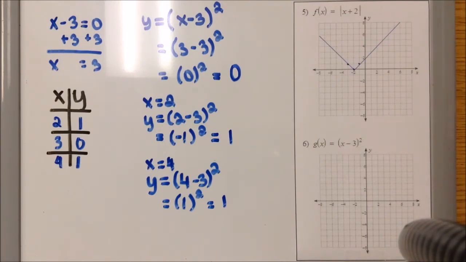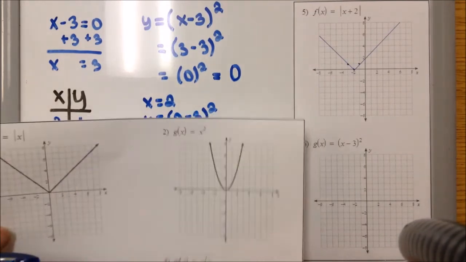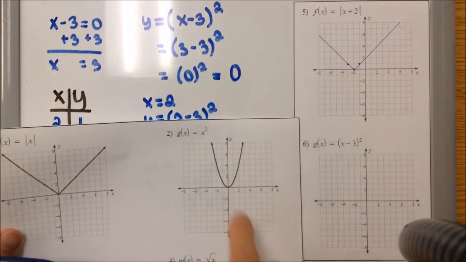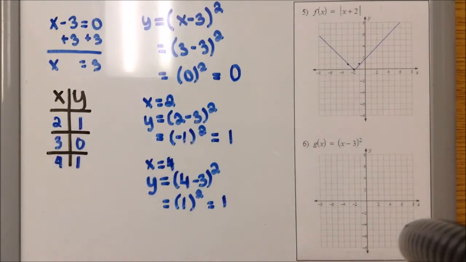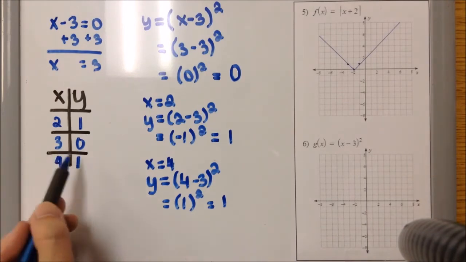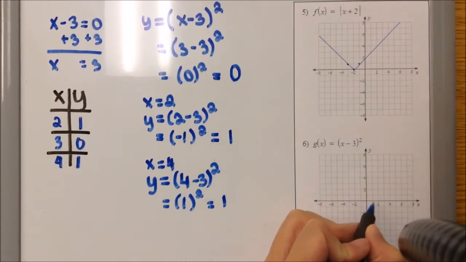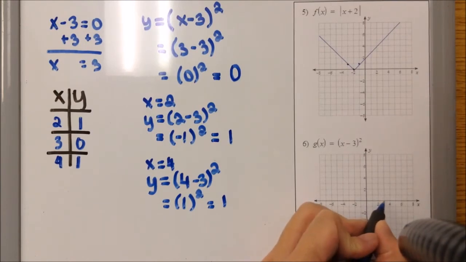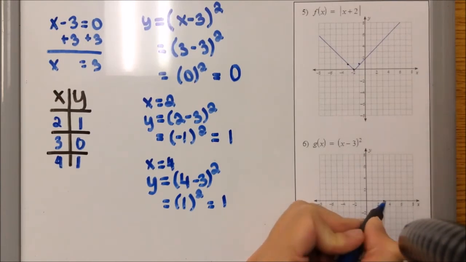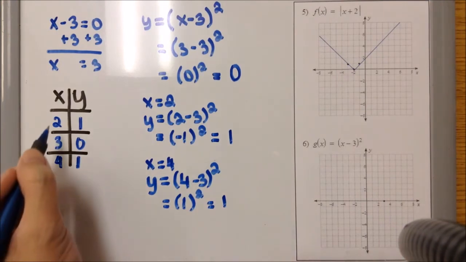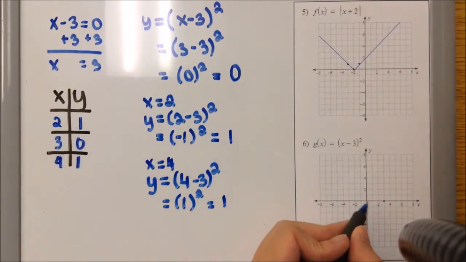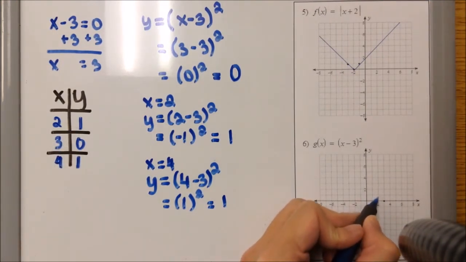And again, it doesn't have to be precise. It just has to be close to the parent function right here. So start with 3, 0. So 3, 0, it's 0, 1, 2, 3 right here. Next, 2, 1. So 1, 2, and then up 1.